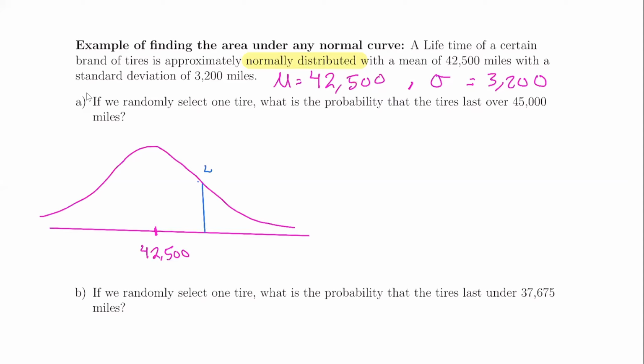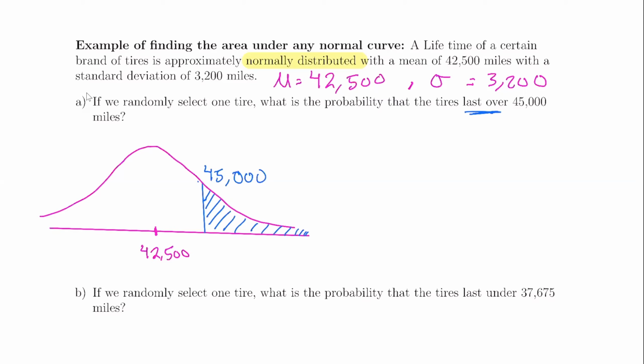And we want it to last over 45,000, so we shade the right-hand side. Everybody good so far on 42,500 in the middle and the 45,000 to the right of the 42,500?